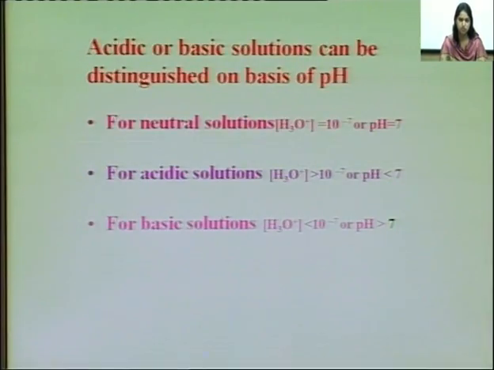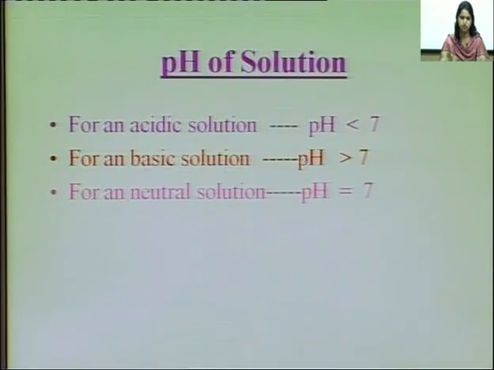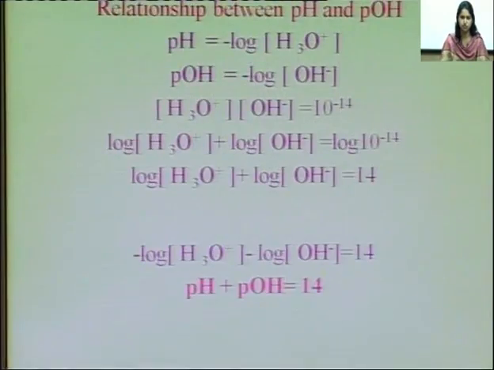For a basic solution, the hydronium ion concentration is less than 10 raised to power minus 7 or pH is greater than 7. I have clearly shown on this slide that for acidic solution pH is less than 7, for basic solution pH is greater than 7, and for neutral solution pH is equal to 7.